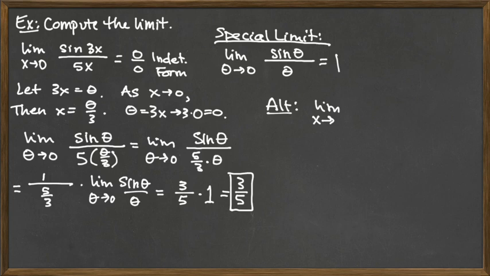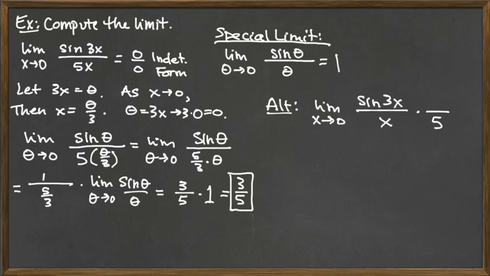If I'm looking at the limit as x goes to 0, I can do nothing with the 3x. I cannot pull that 3 out. But what I could do is pull out the 5 that's in the bottom, leaving me with just an x there in the bottom.